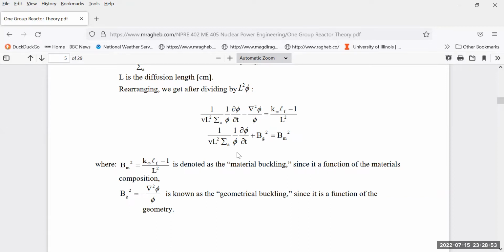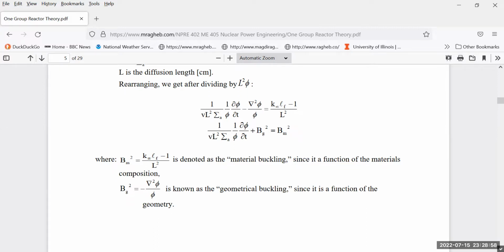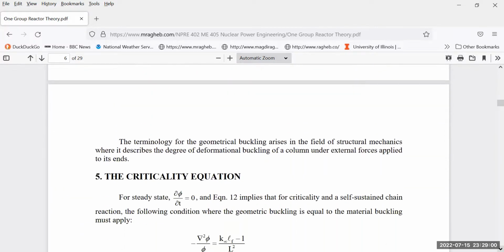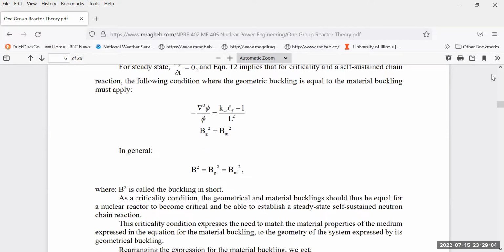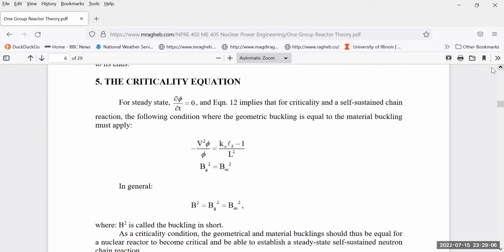And in that case, I get a steady state solution. And guess what? This is what we call the criticality equation in general. The criticality equation, or the secret of the nuclear age, is very simple: the material buckling that we derived here should be equal to the geometric buckling that we have right here.